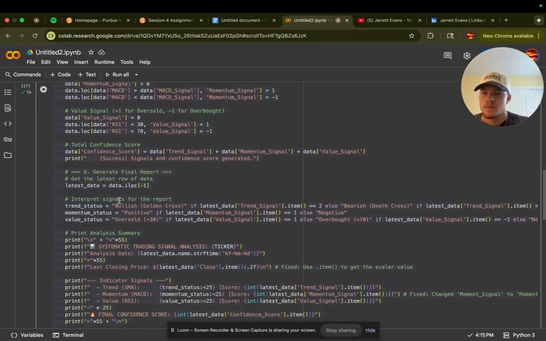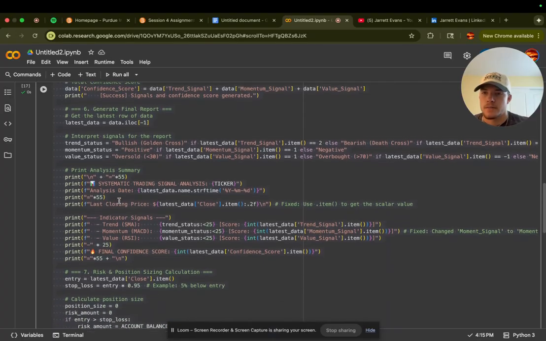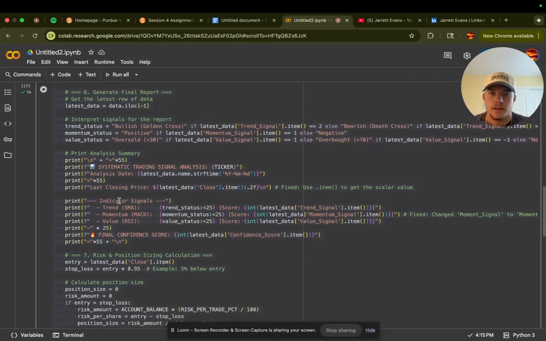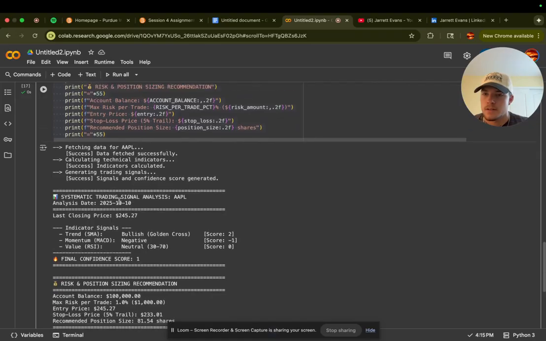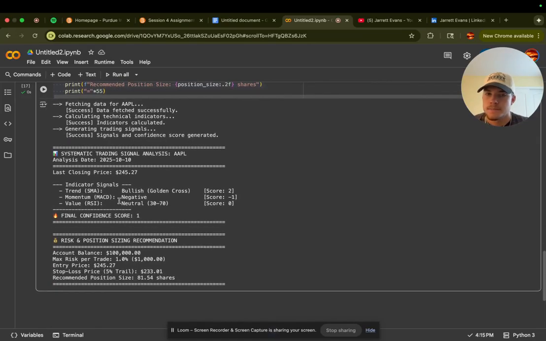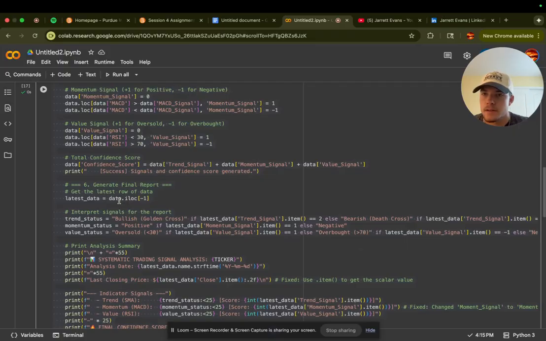So we are going to be able to go down and see the indicator signals. Let's see, let's go down here. And so the trend SMA, actually we'll go back up here.